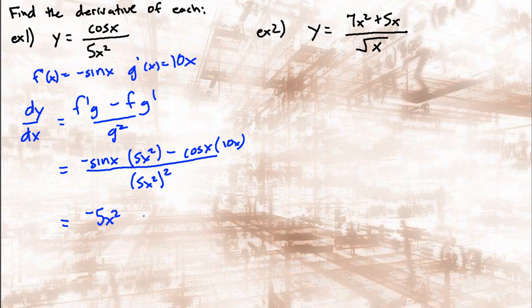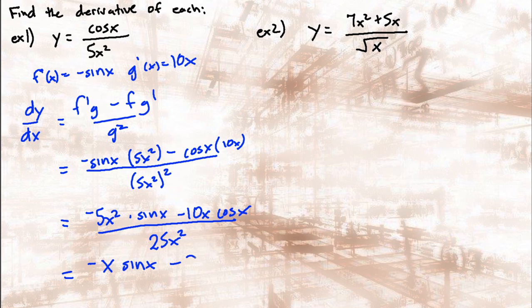So we have negative 5x squared times sine x minus 10x cosine x all over, and if we square that, that would be 25x squared. We can reduce by dividing all those by 5 and by an x. So we get negative x sine x minus 2 cosine x, because we can cancel one of the x's, all over 5x. There we go.